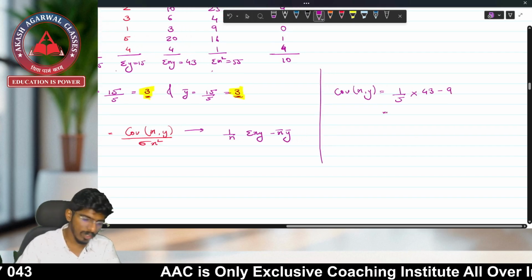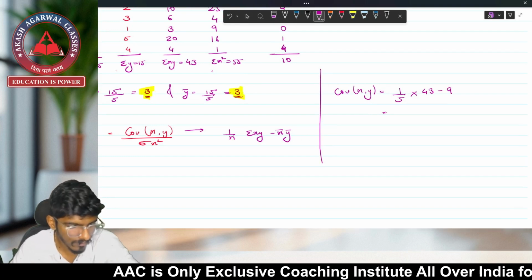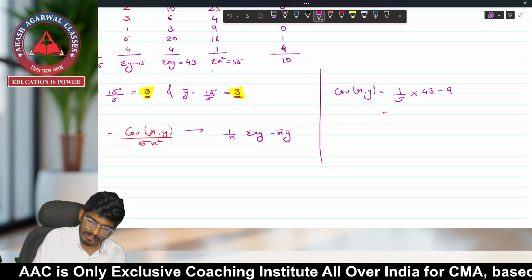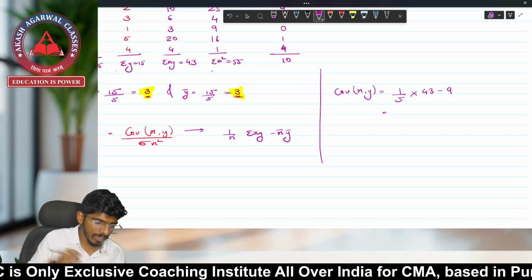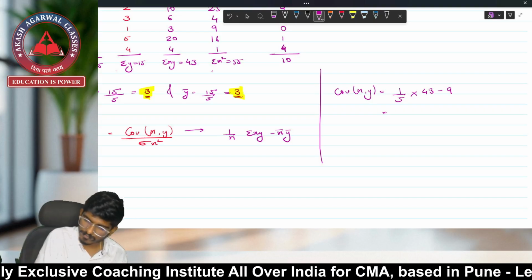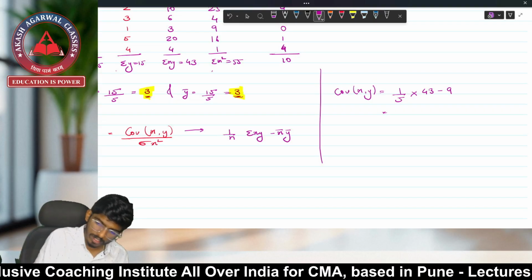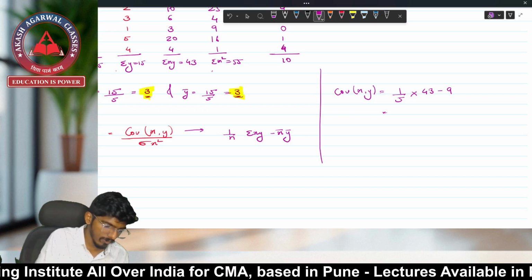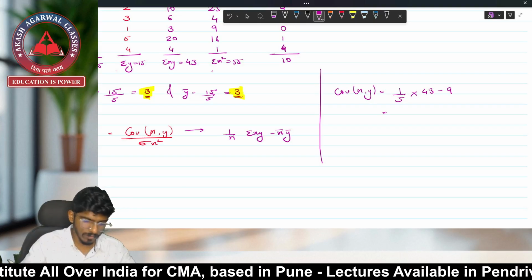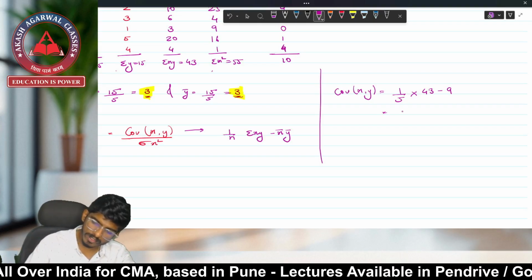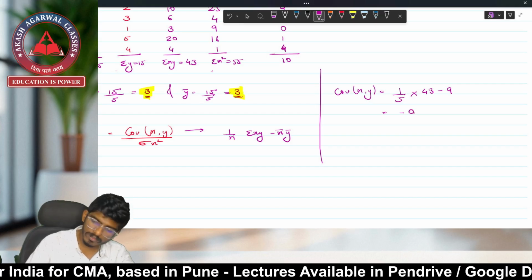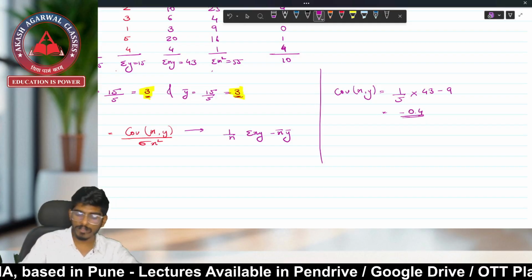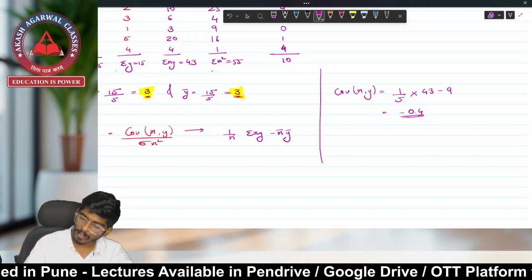Let me solve the covariance first: 43 divided by 5 minus 9. Don't forget BODMAS, first division. So this becomes minus 0.4. My covariance is minus 0.4.